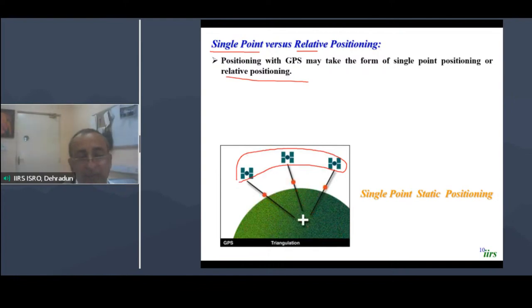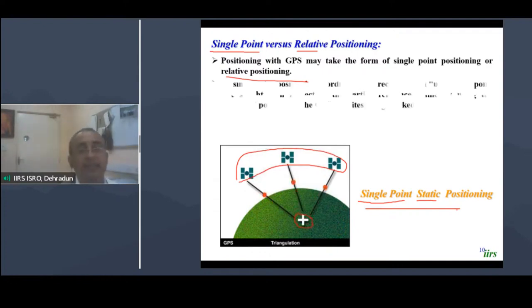We have a GPS receiver on the ground, which is just locking the available satellites and getting the coordinates. It is not referring to any other information on the ground. That's why it is called single point positioning. I have added one more word, static. Since at this point the GPS receiver is static, we can say it is single point static positioning.